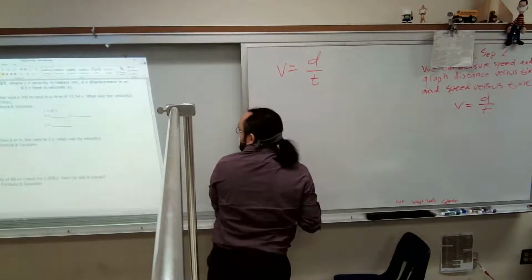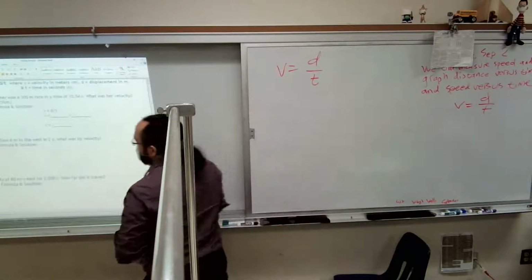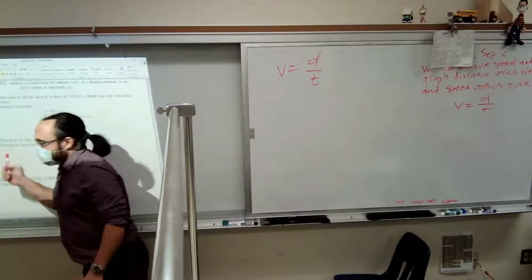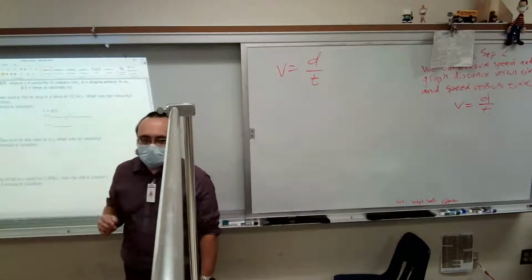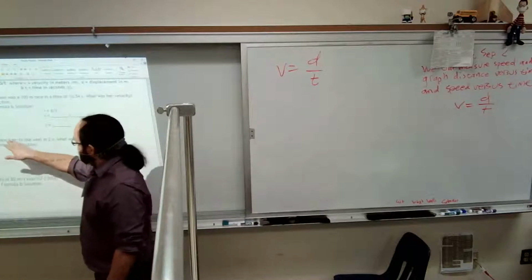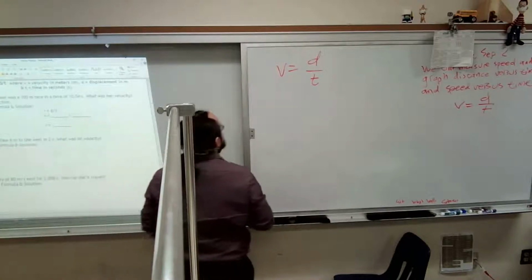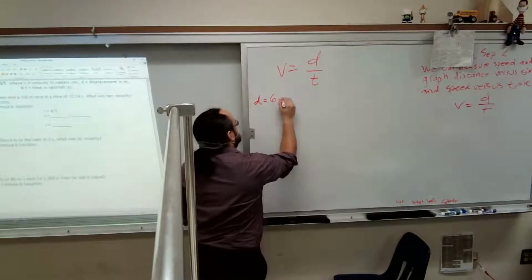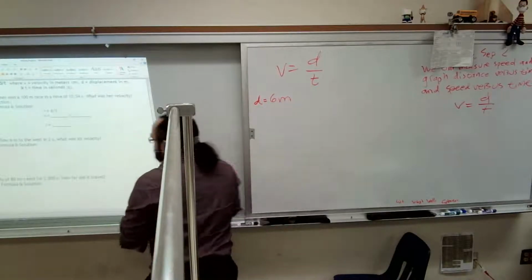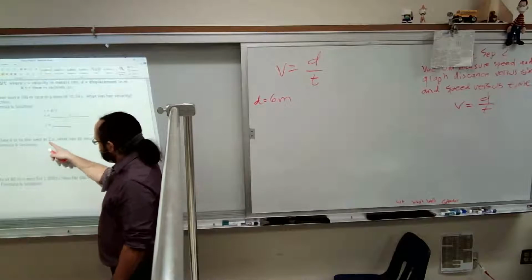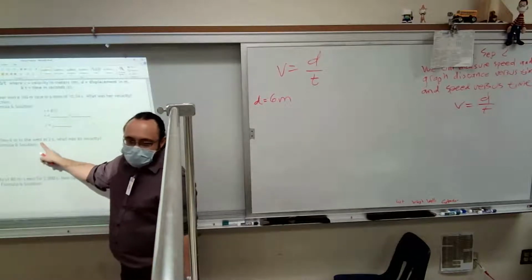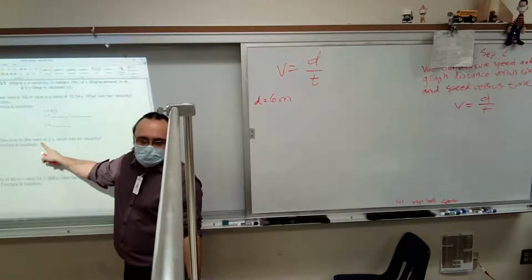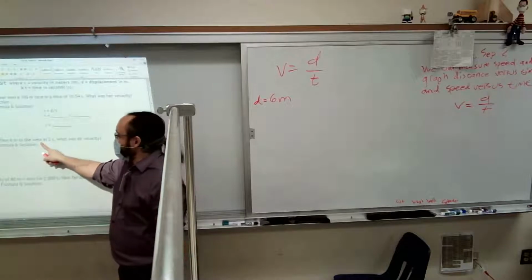So all right, let's start reading number 2 here. It says, if a nasty red dust Cheeto, you know those Cheetos that gets red stuff all over your hand? That's what I'm talking about. Flew 6 meters to the west, that's the distance. So distance is 6 meters. Okay, technically it's not a distance because it's got direction on it. That's displacement.